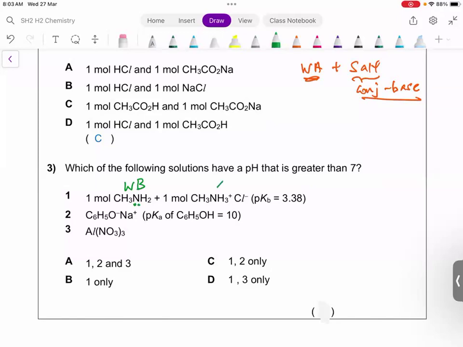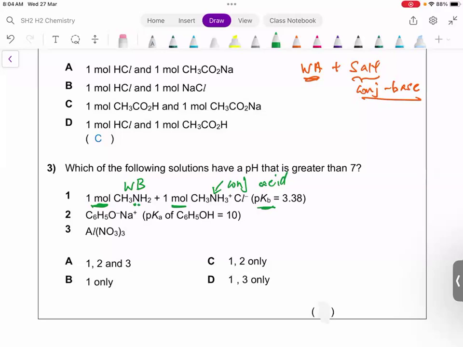So this is the conjugate acid or the salt. Okay, so now you see, right? You have one mole each. So are they a large reservoir? Yeah, they are equal in ratio. So in this case, what does this mean? Any special meaning behind equal concentration of your weak base and the salt? Yeah, it's a buffer and it's operating at maximum buffer capacity.